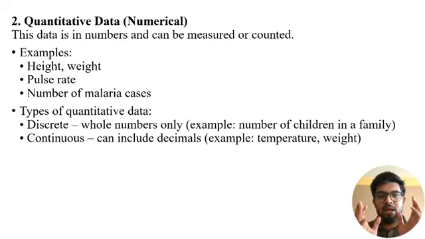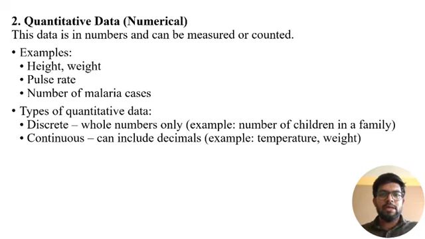Discrete data starts with whole numbers. The example I took here is the number of children in a family. Some couples may plan for children, some may not. Out of 10 families, 2 families won't have a child and 8 families will.